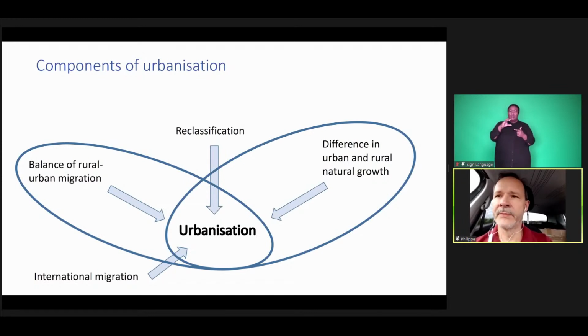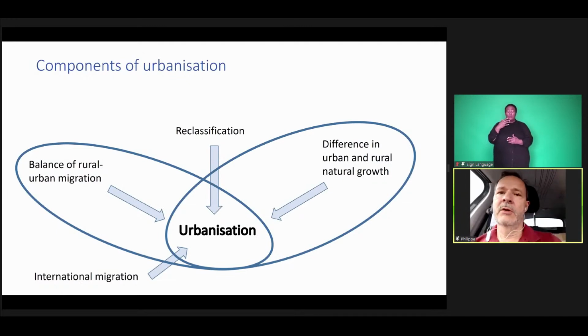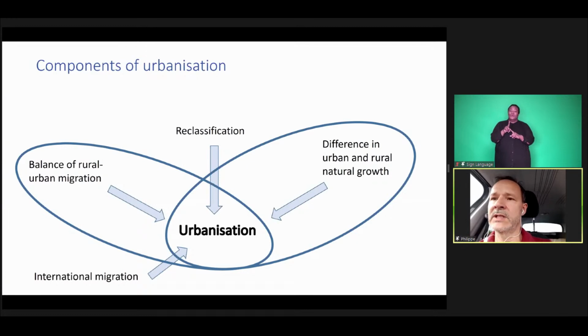That is when the administration decides whether an area is considered urban or rural, and often it leads to a positive effect on urbanization. And there's also the difference in urban and rural natural growth, and that's a neglected part of the urbanization dynamics. We'll see that it's actually an essential part of this dynamics.